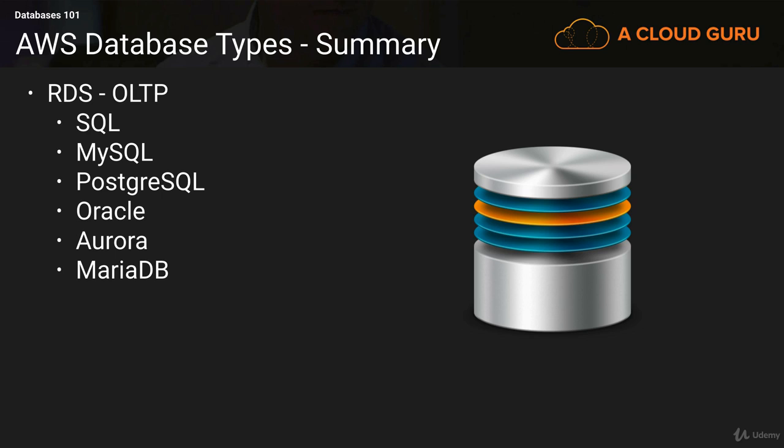And there aren't many cons of Aurora, apart from it being a little bit more expensive than running MySQL, but you get a lot better performance and a lot better disaster recovery. So in your exam, it's going to focus mostly on RDS, and then you're also going to have some Aurora questions in there as well.